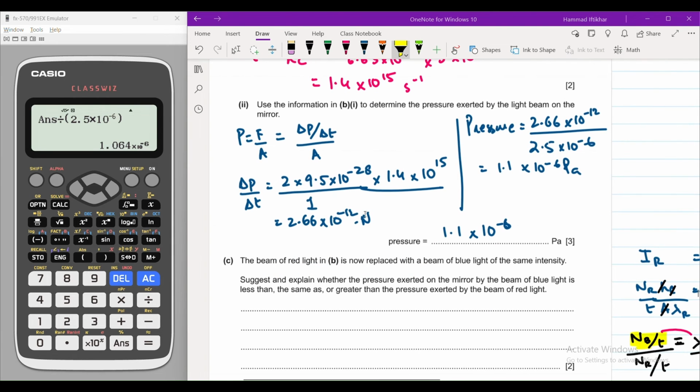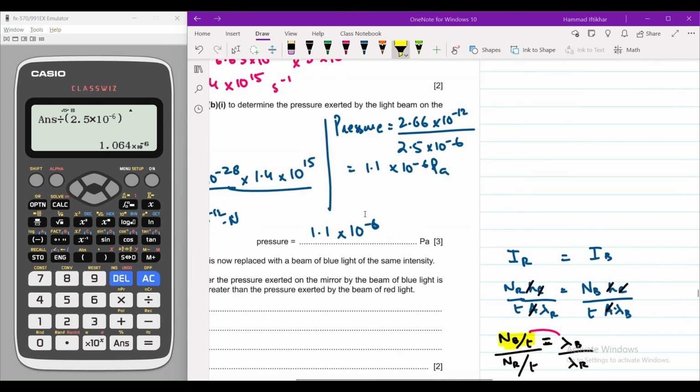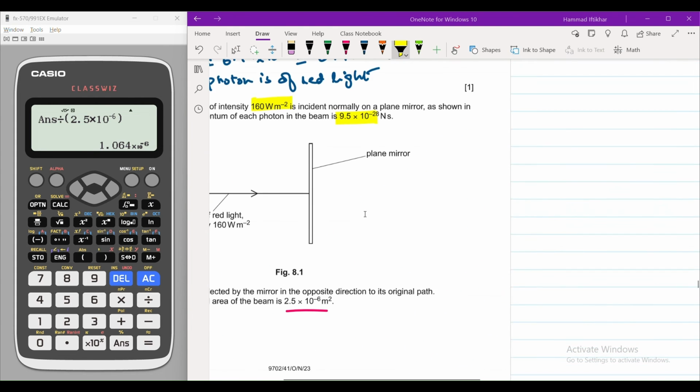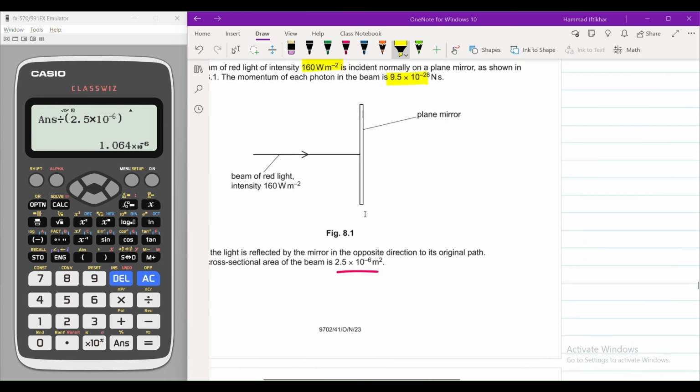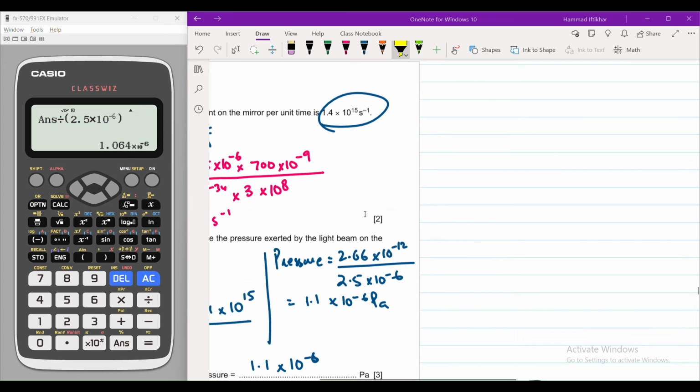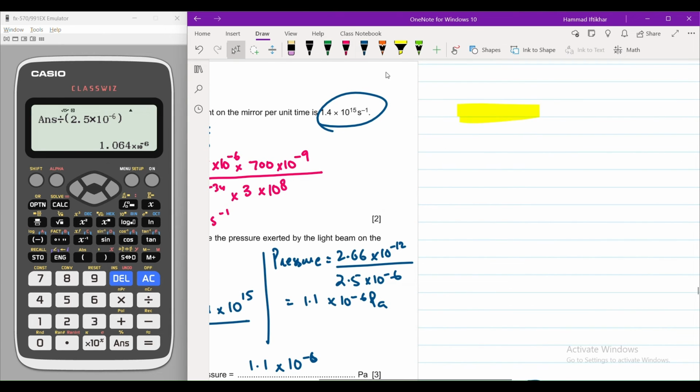So let's see how that affects the rate of change of momentum first. We know that the change in momentum of the photons being rebounded was 2h over lambda.